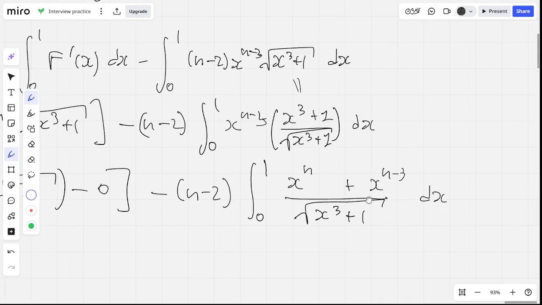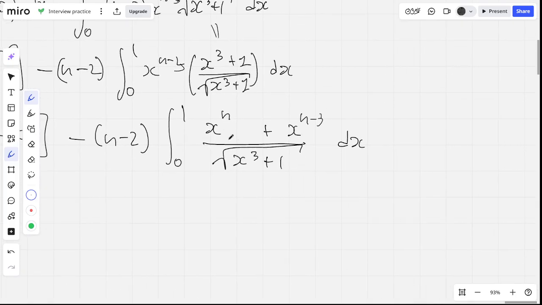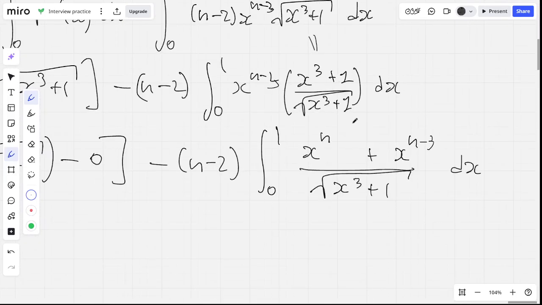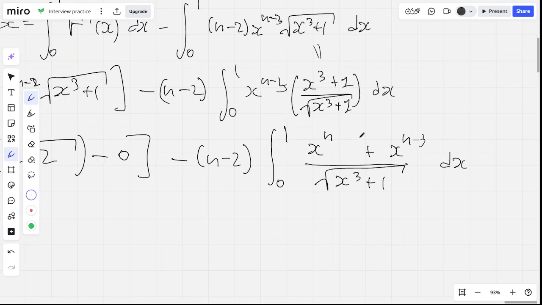We can imagine now, if you separate the two x's, this is going to be I_n, and this is going to be I_(n-3), which is kind of where it comes from. So we know we're going down the right path.